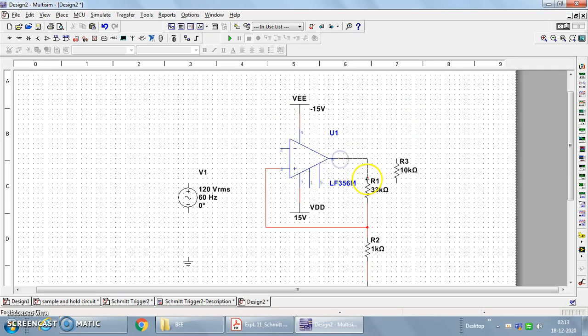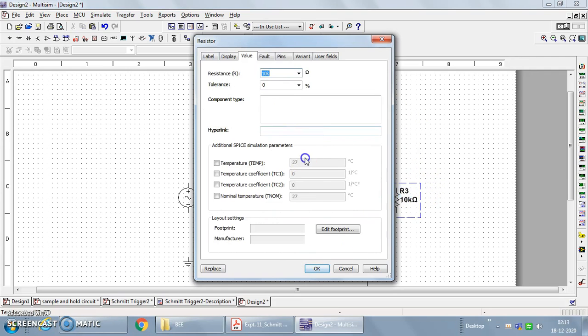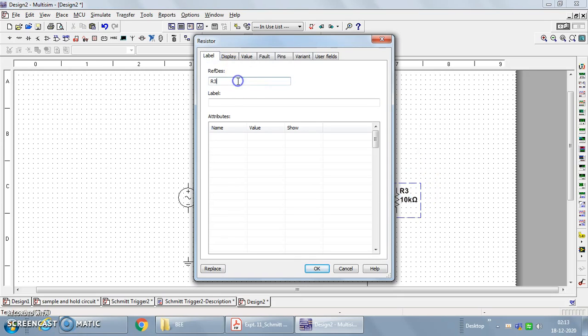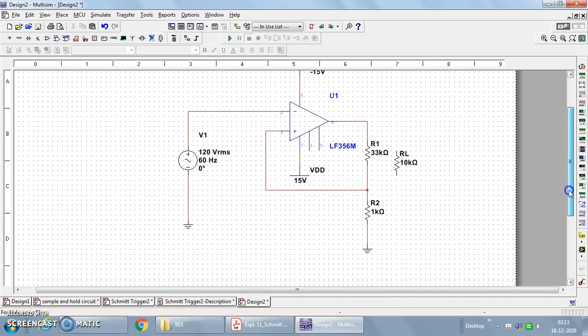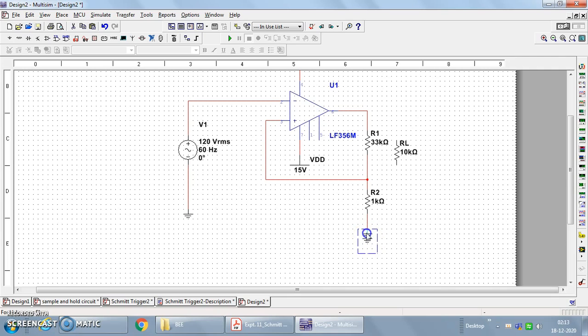Let us do the connections with the output terminal. Let us call this the load resistance; we can change the label of this R3 to RL. The inverting input terminal, pin number 2, is connected here. So these are the connections required.